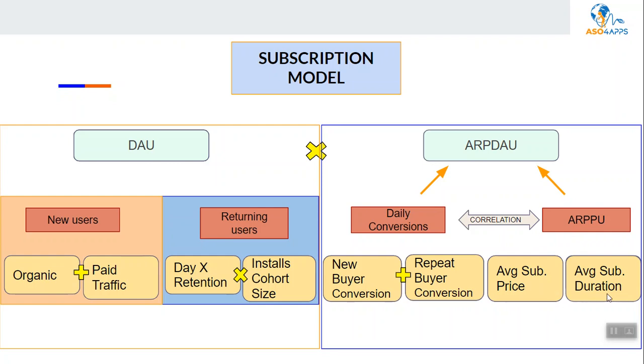In this case, monthly active users would be another primary metric besides the daily active users. So we have daily conversions, average revenue per paying user on the revenue side, daily active users, monthly active users on the subscription model as well, but this whole framework is fully valid.